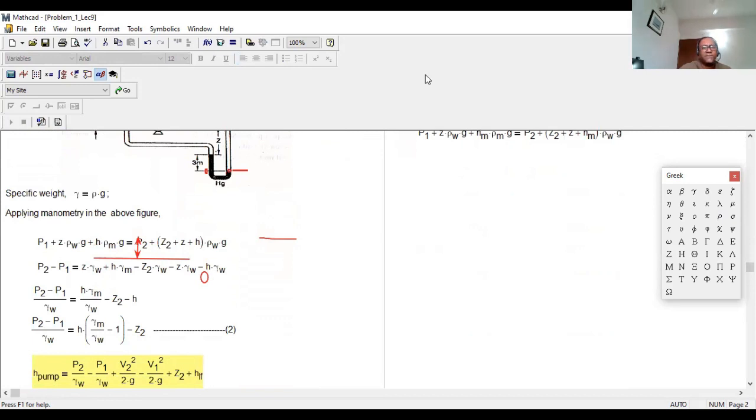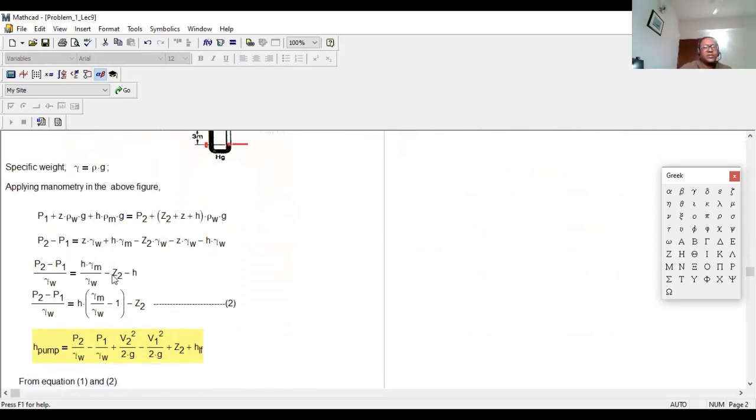from this equation, you will see the value of Z will be out, because Z is on both sides. This Z is out. Okay, so you see the H gamma M on the right side, Z2 gamma W minus H gamma W, right?